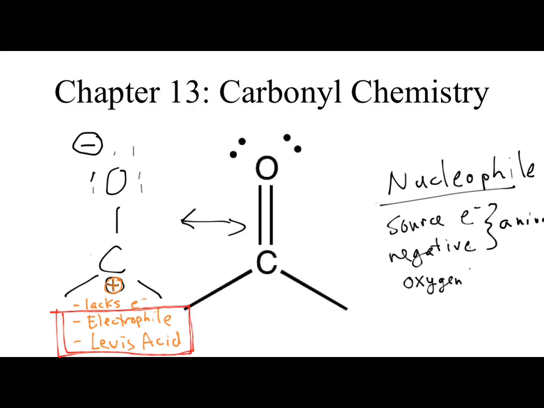Oxygen's also electronegative. We can make a decent nucleophile out of oxygen. How could we do that? Say if we started with water, how could I turn water into a good nucleophile? I could take away a hydrogen, make water act as an acid, and we end up with OH minus.